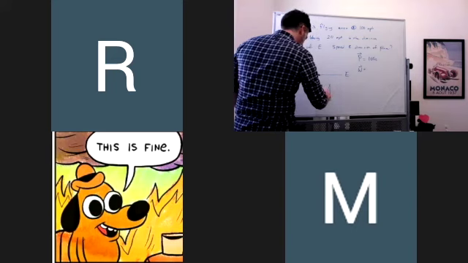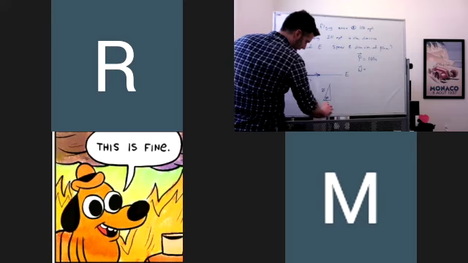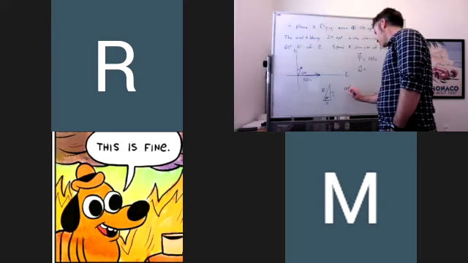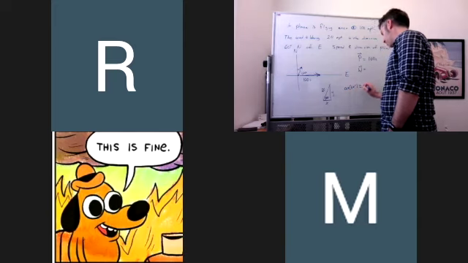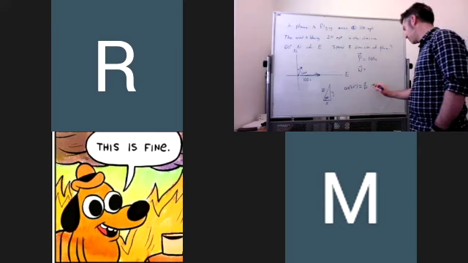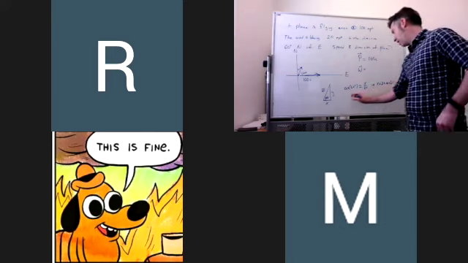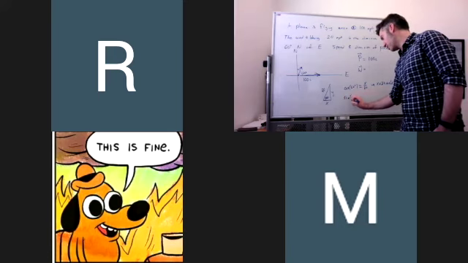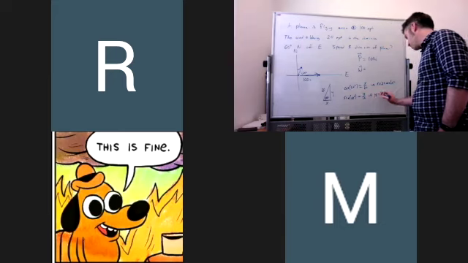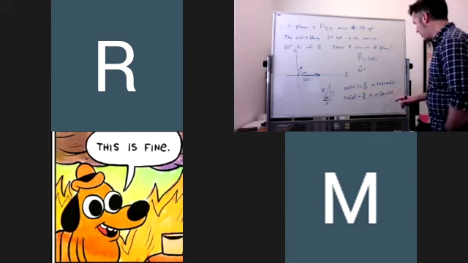So if we know this is 20 and we know that this angle is 60 degrees, if we call this component x and this component y, then cosine of 60 degrees is equal to x over 20, meaning x is 20 times cosine of 60. And sine of 60 degrees is y over 20, so y is 20 times sine of 60 degrees.